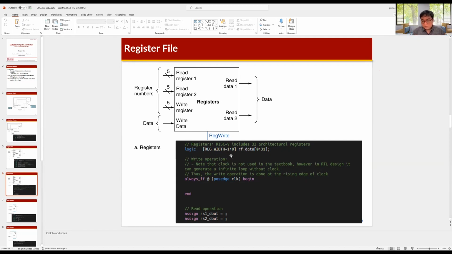It's like add x1, x1, x1. That means the result of x1 plus x1 is written to x1 again. And it's a possible instruction in a RISC-V processor, right? It's like x1 multiplied by 2.